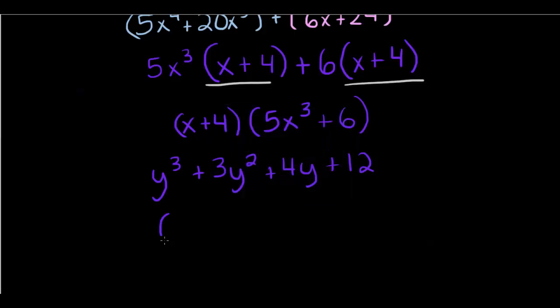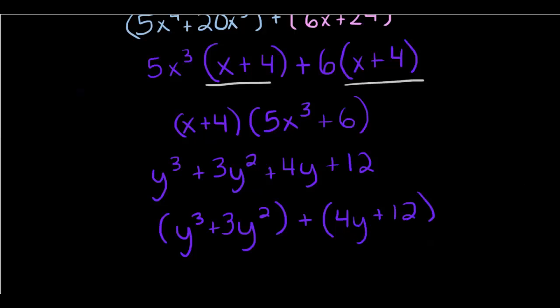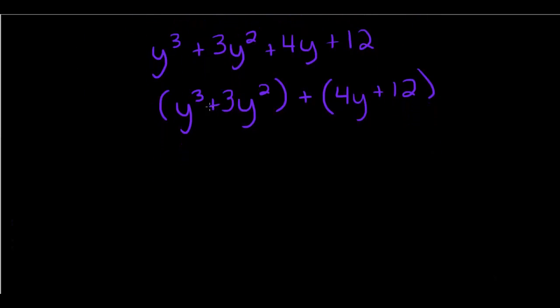Okay, so we're going to group y to the power of 3 plus 3y to the power of 2, plus 4y plus 12. The common factor here is going to be y to the power of 2. Inside of the parentheses, you should have gotten y plus 3.